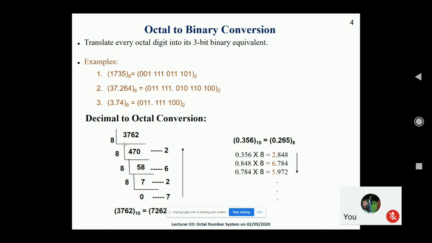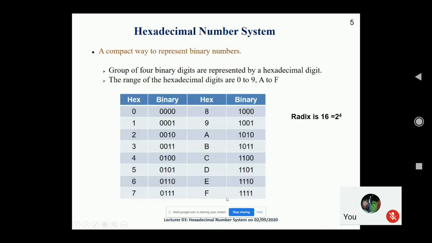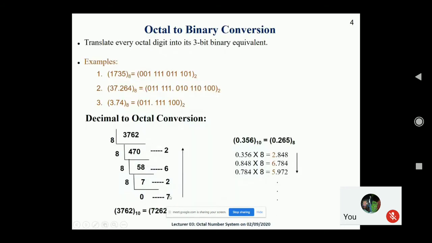We keep dividing until the remainder is less than the divisor. We divide 3762 by 8, getting 470. Multiplying 470 by 8, the minimum remainder to make 3762 is 2. Again we divide 470 by 8, giving 58 with remainder 6. It is very easy. Here the decimal number 3762 converts to octal 726.